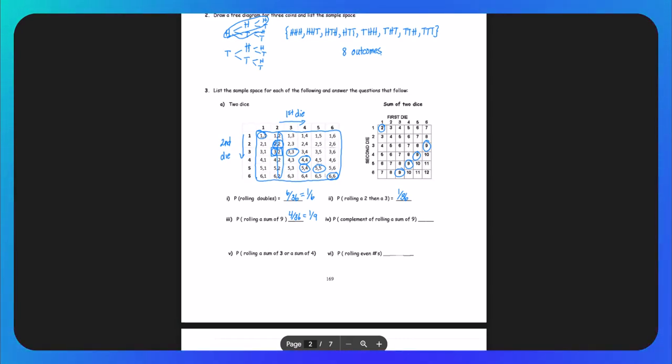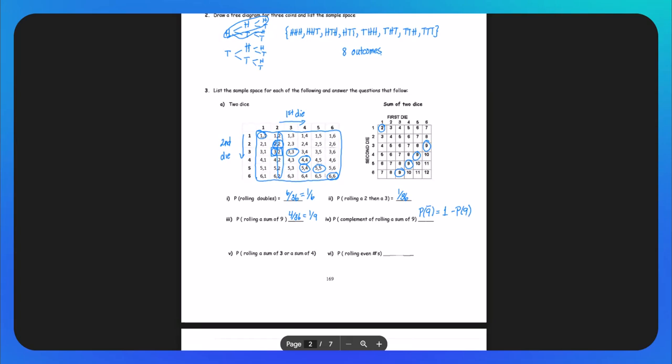Number 4 is, what is the probability of the complement of rolling a sum of 9? Well, the complement of rolling 9 is not rolling 9. We can do this using our little formula. The probability of the complement of 9 equals 1 minus the probability of 9.